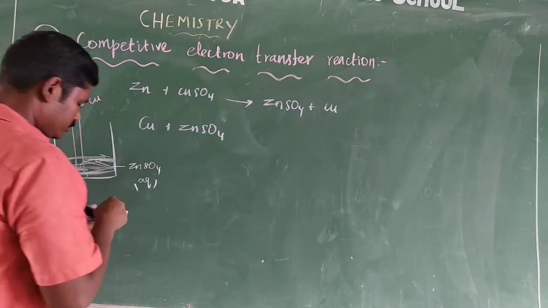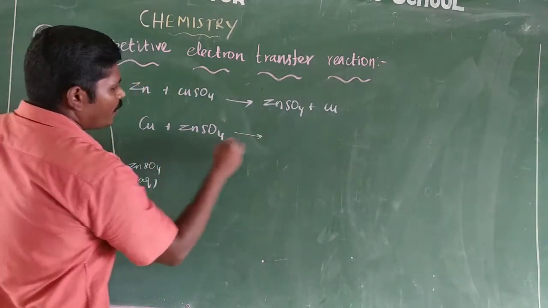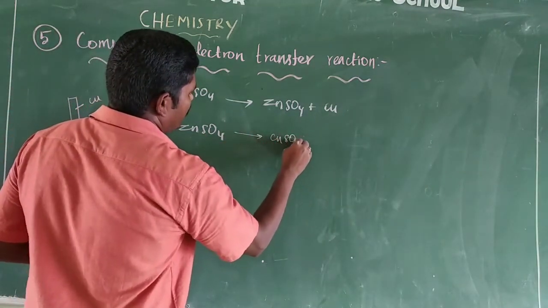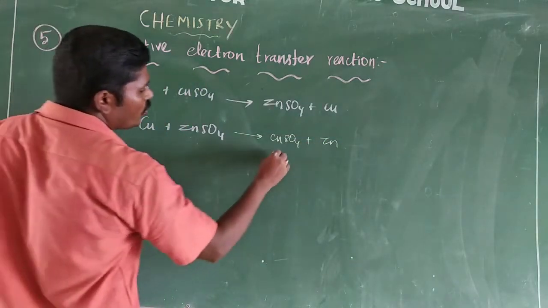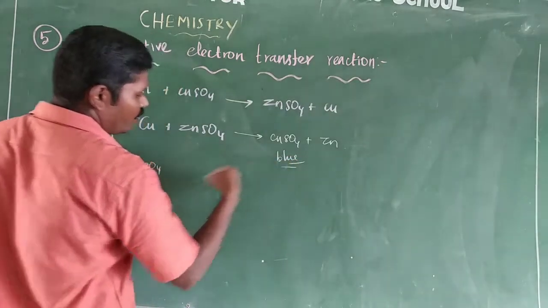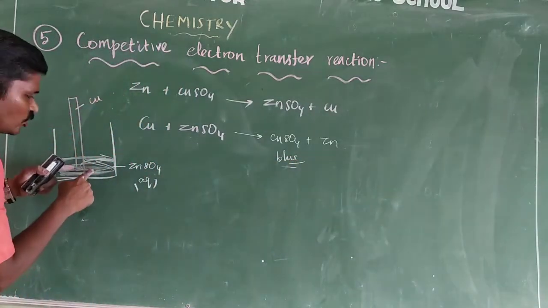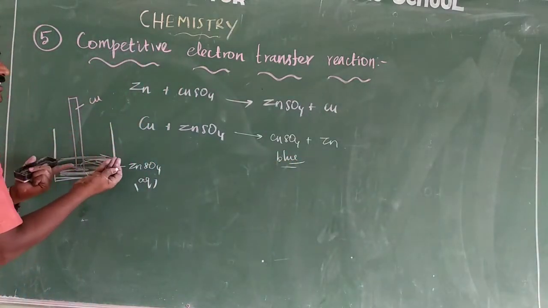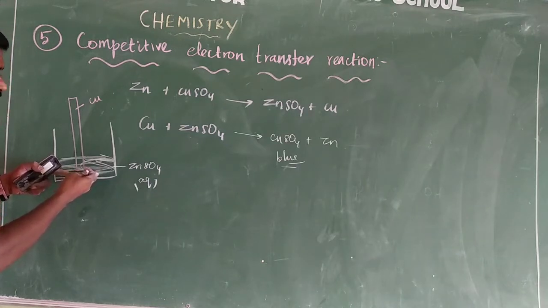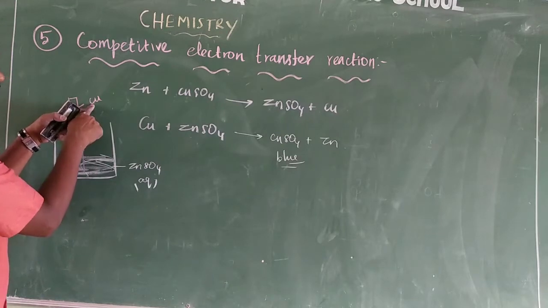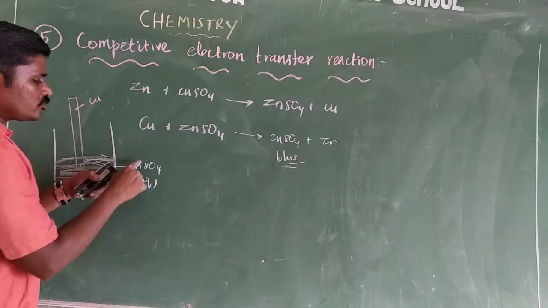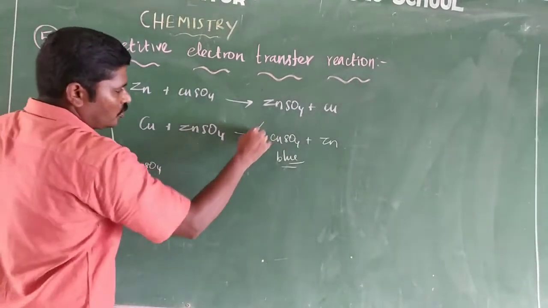So copper sulfate plus zinc, and the solution would turn blue in color. But observe that the solution does not change color. So the copper cannot replace the zinc 2 plus in zinc sulfate solution.